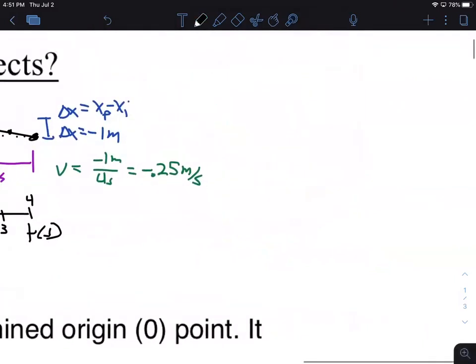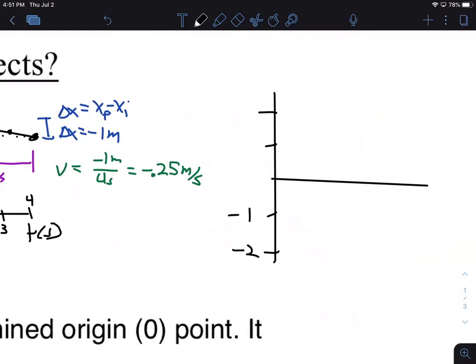So let's make a velocity versus time graph for this. Velocity in meters per second, time in seconds. So again, by including the units here, I don't have to draw them with these numbers. Still a good idea though. I just don't have room.